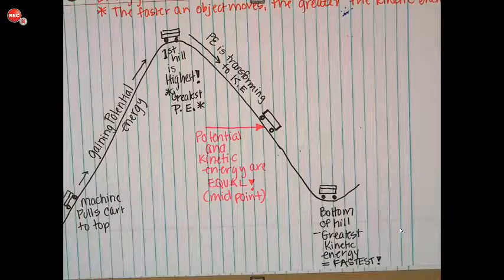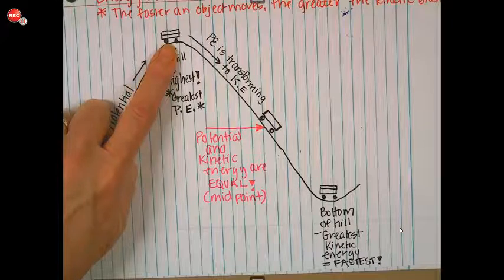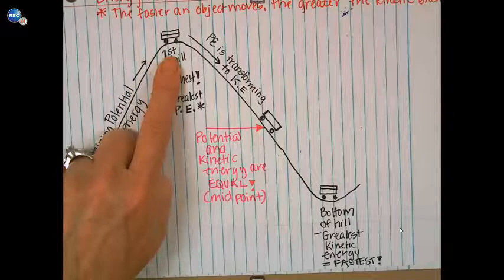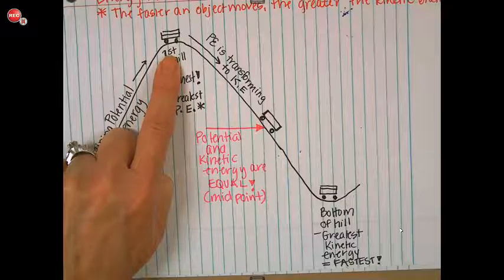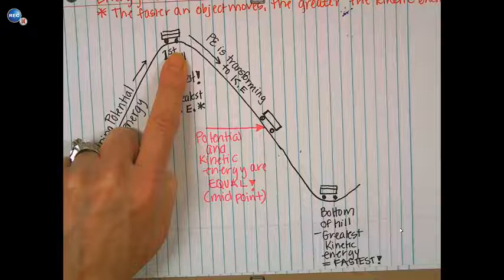All right, so the roller coaster got all of the energy it needed, all of the stored gravitational potential energy it needed at this point to make it through the whole ride. It never gets any more energy boost. So this is where physicists calculate, how much energy do I need to make it through the whole ride?